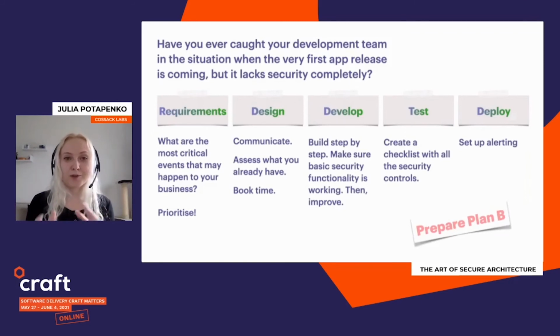So if you have some critical event that may cause a lot of damage to your company, you can have something like force upgrade that we have already mentioned, or feature flags, or another way to turn some features off, or maybe just to shut down everything, just to minimize possible damage.